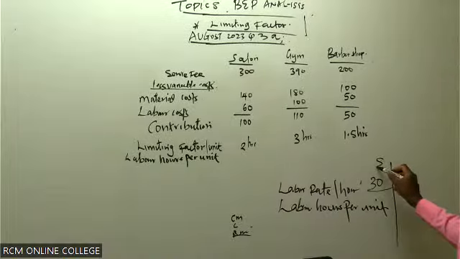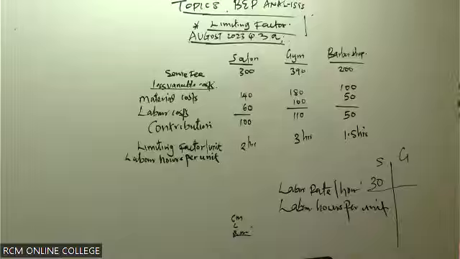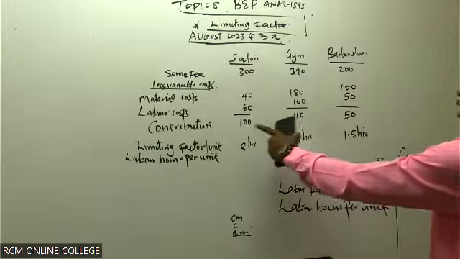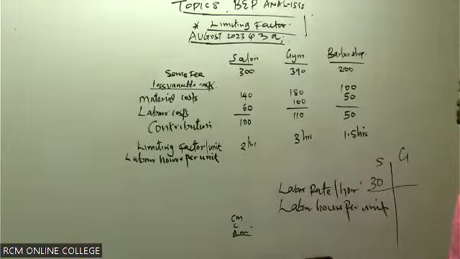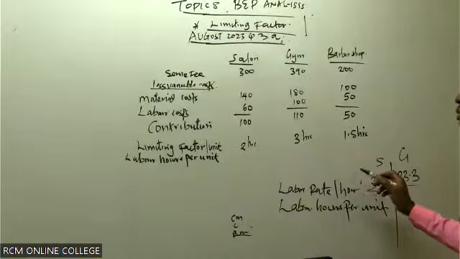That is salon. If I get to gym, they have paid for the labor cost of 100 and the hours is 3. What is the labor rate per hour there? 100 divided by 3, is it? So it will be 33.3 is the labor rate per hour.